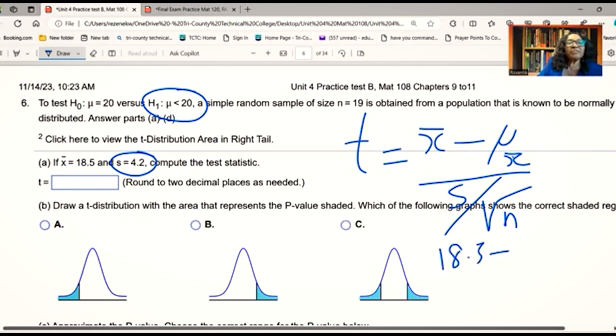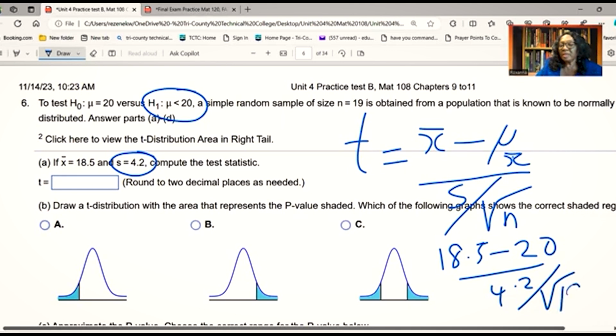The mean, the status quo, is given to us as 20, divided by the standard deviation, 4.2, divided by square root of sample size, and the sample size is 19. And you can calculate it.